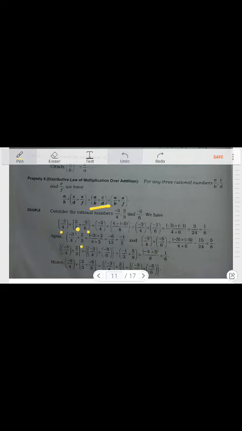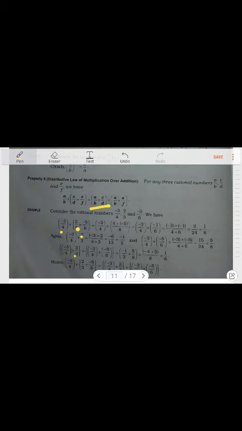Okay, now what happened? These are their separate products, and now they should be added, as it has been said, their products are added. So when we add, the product −3/4 × 2/3 becomes how much? Sorry, −1/2.